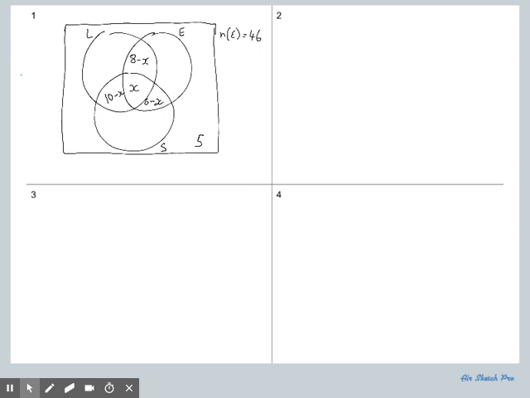Now, the next thing to do is to fill in the 3 major areas here. So this is lions only, elephants only, and snakes only. I'm going to do one for you, and then I'm going to leave it for you to try and do the rest of them. So let's have a look at lions only for a start.